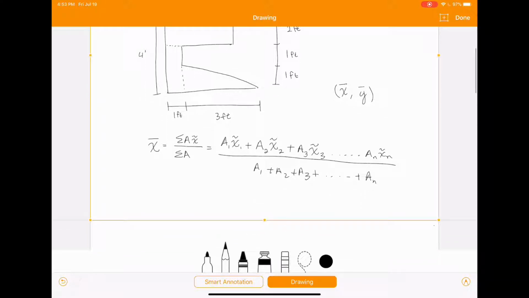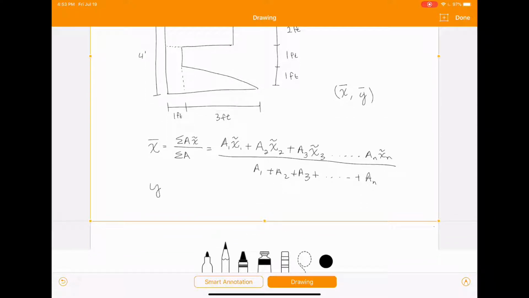And that is going to be similar for y bar, except instead of x tilde, we're going to have y tilde.